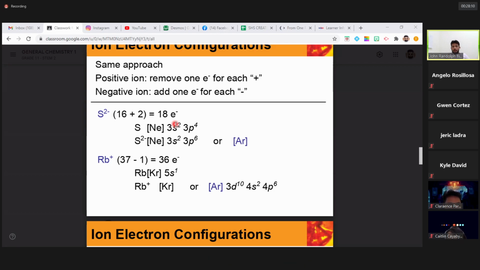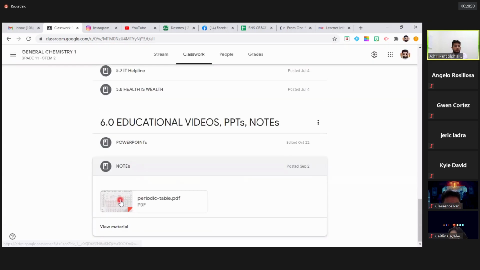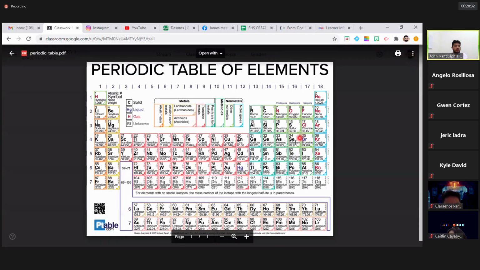Alright, so ang una yung isagot. Tandaan nyo ha, yung calcium natin, pupunta tayo sa periodic table. Calcium is located in group 2. The total neutral atom niya is may 20 siya na electrons.